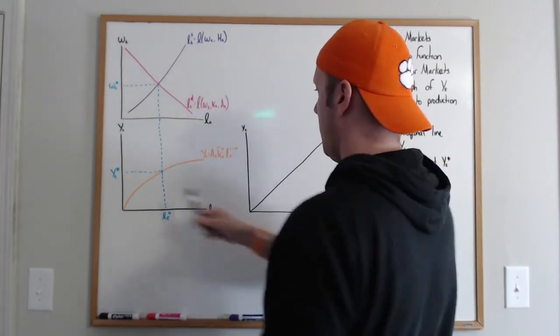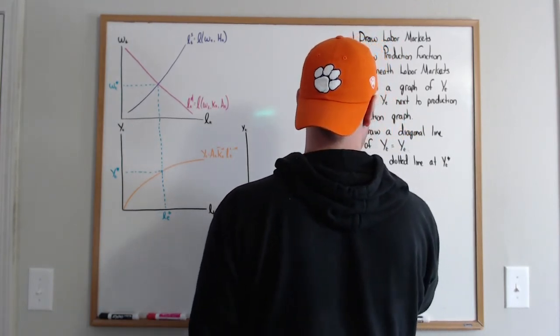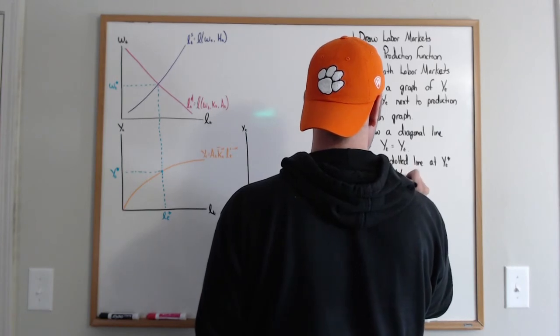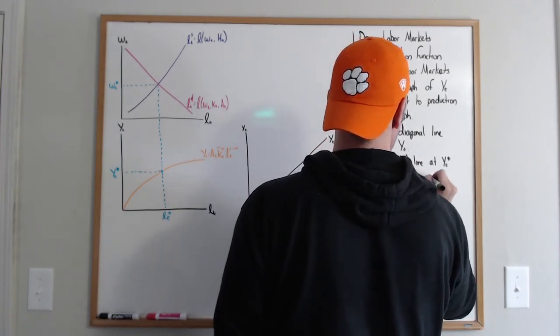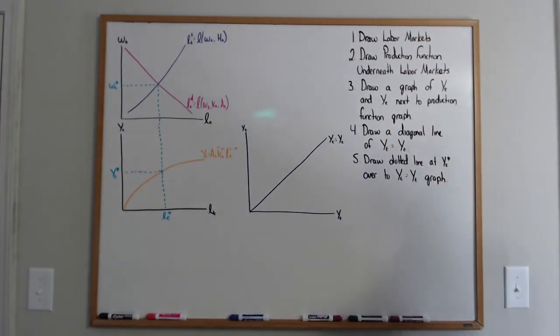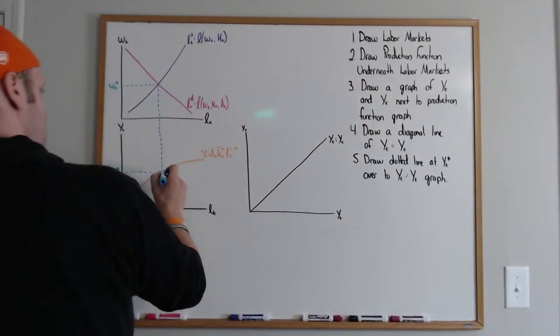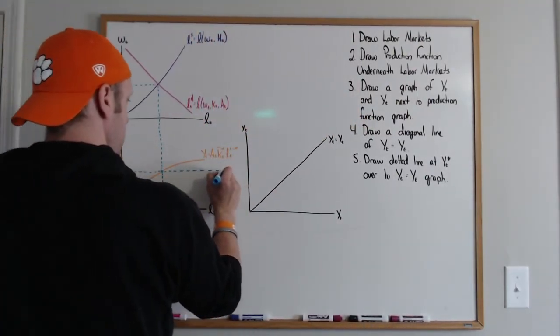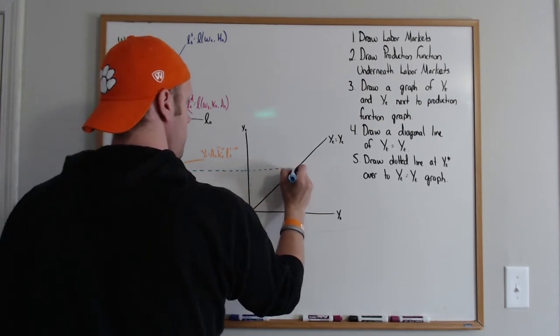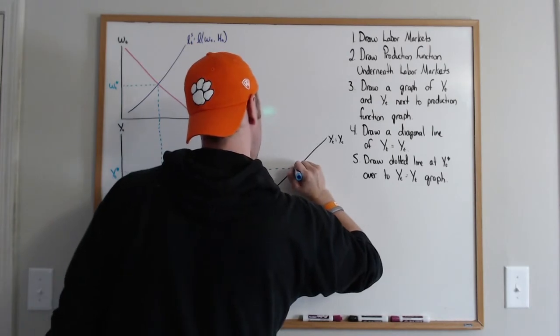And you can draw that dotted line at Y_t star all the way over to this graph here of Y_t equals Y_t, like that.